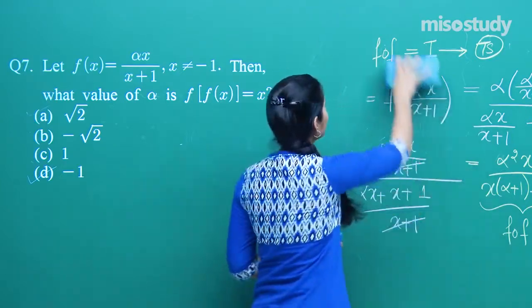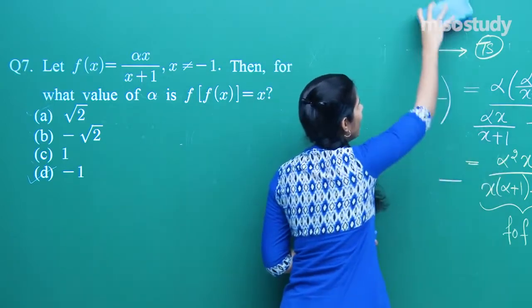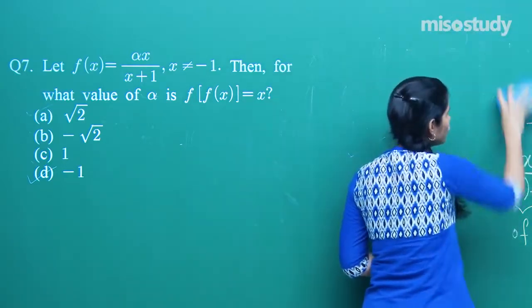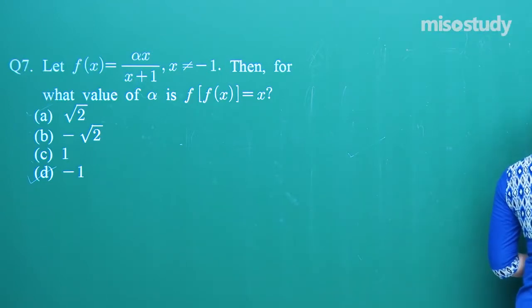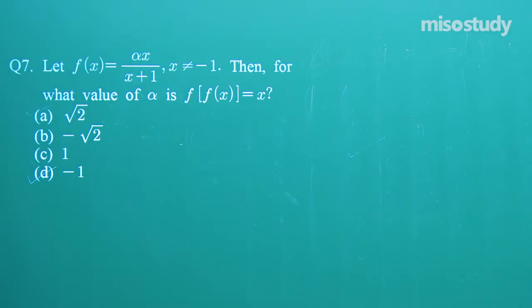We were obtaining two values of alpha in our solution, but out of them only one is coming out to be true, because corresponding to the other one, FOF of x is not coming out to be equal to x, and that is what is our demand.